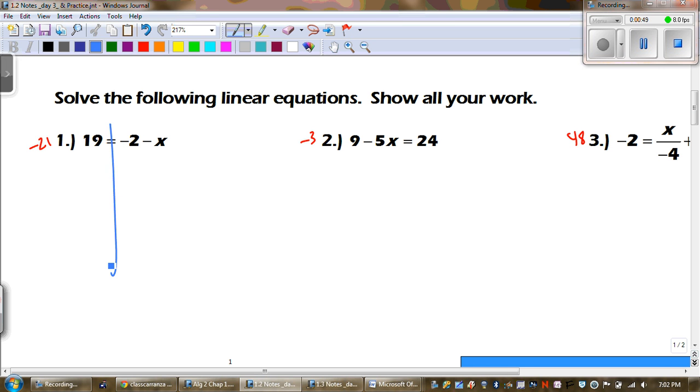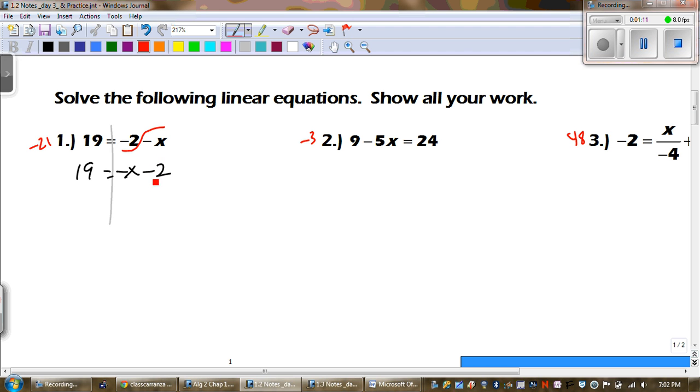So, number one, I'm going to draw my line right down the middle so I can see both sides. Now, I'm not sure what to do here, so I always like to write things in standard form first. So all I'm going to do is rewrite. I have a negative x out front minus 2. Okay, and now I can kind of see what I need to do.